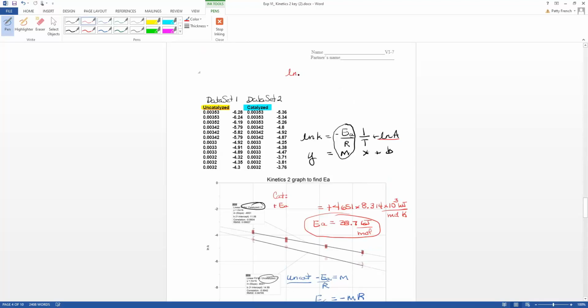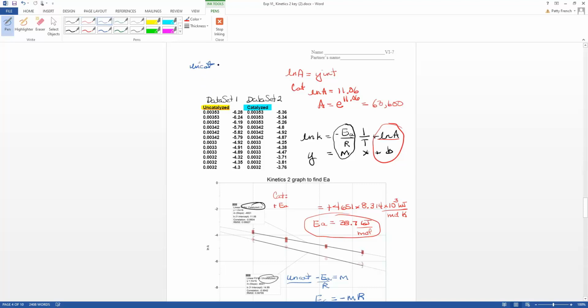It wants us to find A. ln of A is the y-intercept, right? Right here. So for catalyzed, ln of A equals 11.06, which means A is equal to e to the 11.06, or 63,600. No units. So now let's try the uncatalyzed.